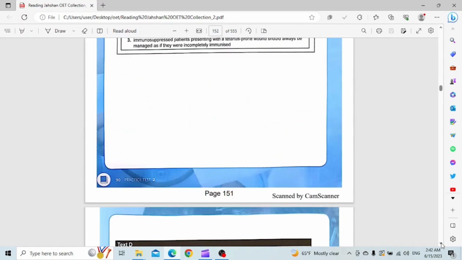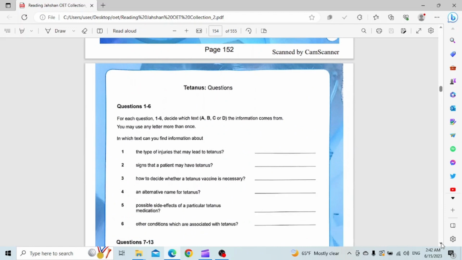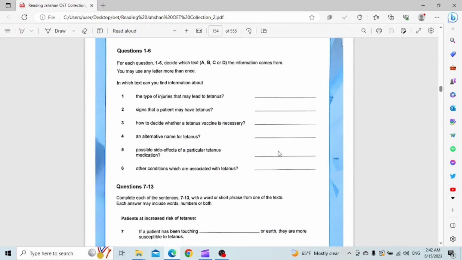In the other handbook, you will have the question sheet, 20 questions.